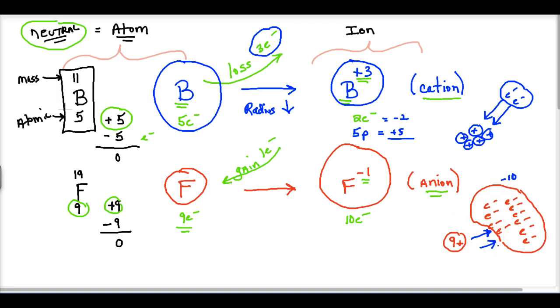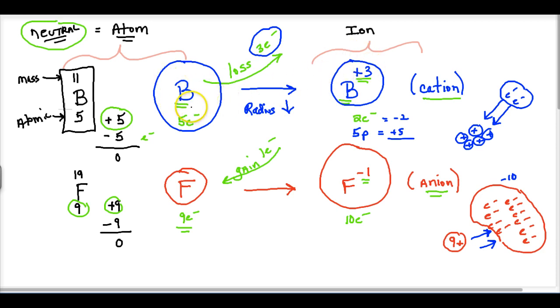Now, if you don't like that explanation, one way to easily remember this is this. When we go back to the boron, when it loses electrons like most metals do, although boron is a semi-metal or a metalloid, it has metallic characteristics because it loses electrons here.